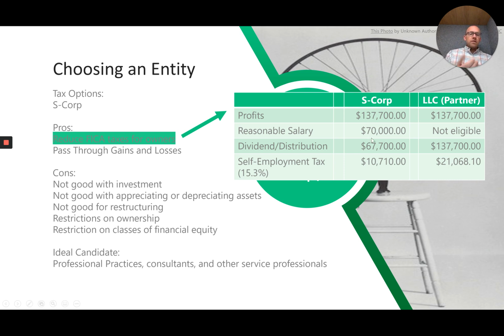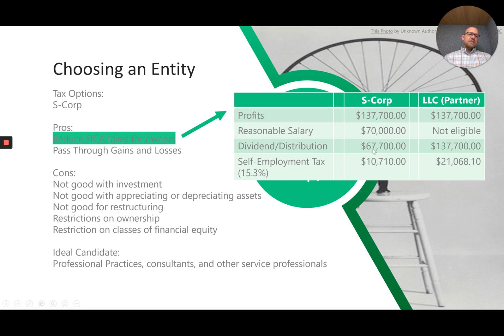Let's say I'm a manager of a consulting business, and other consultants in my field typically get paid about $70,000. So I could justify this and pay myself a W-2 wage of $70,000.